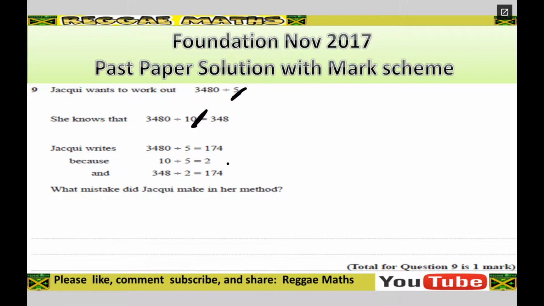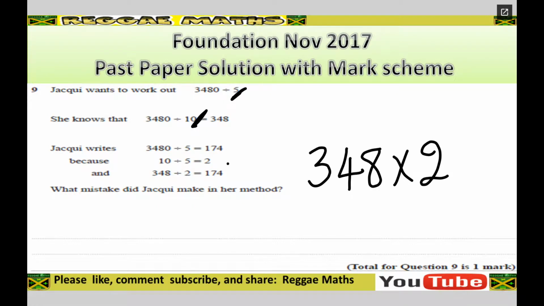So basically what you should have done is double the answer. So what should have happened here is 348 times 2. So the mistake here is where they divide, it should have been times.